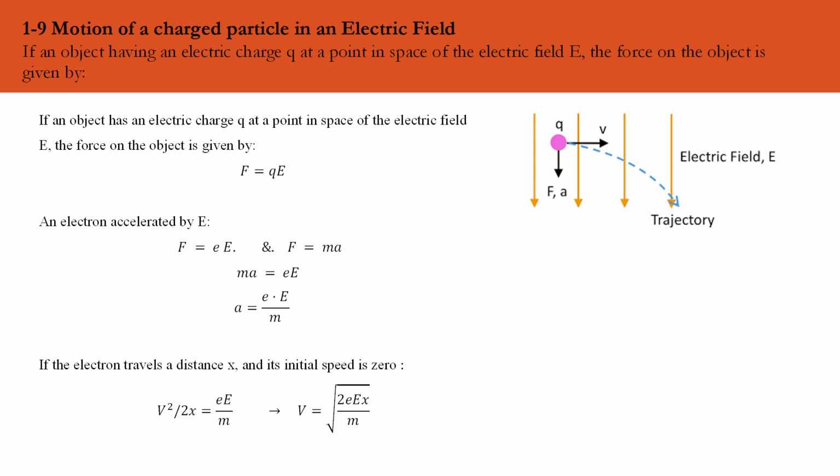In fact, if an object has an electric charge Q at a point in space in which there is an electric field E, the force on the object is given by the multiplication of Q times E. It experiences a force since it is inside the electric field. The electrostatic force F equals EQ, where Q is the net amount of charge. If we assume it's an electron, instead of Q we can substitute e.